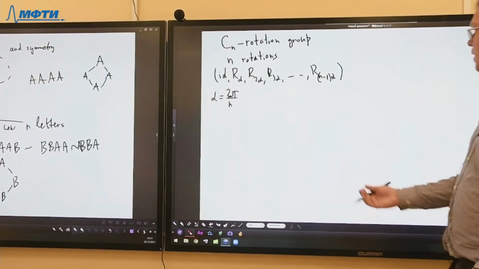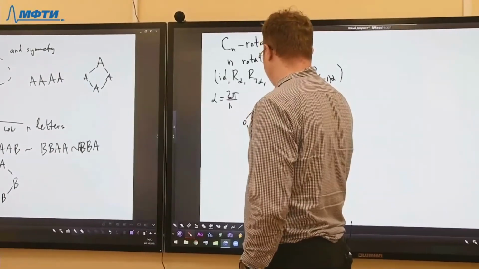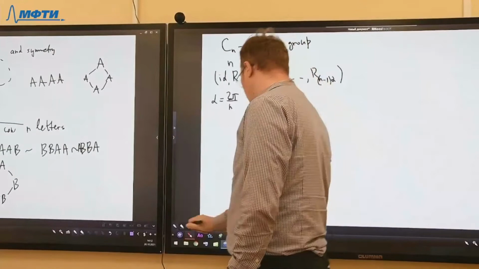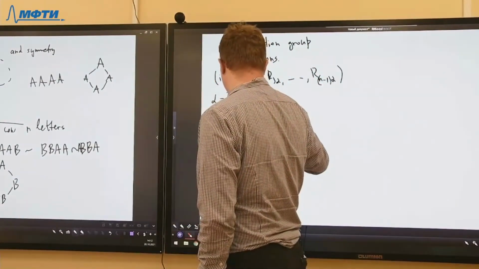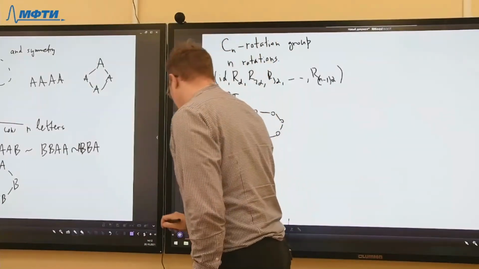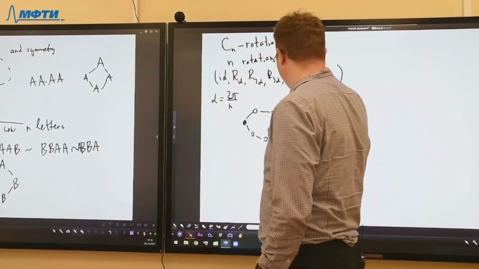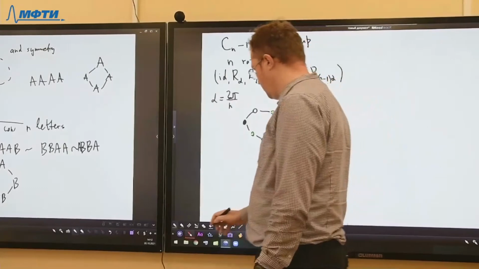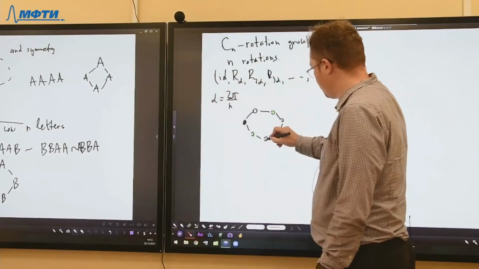For example, I have a necklace and I make a rotation of this necklace. I have some necklace, and then I rotate it by some angle, and it became itself.